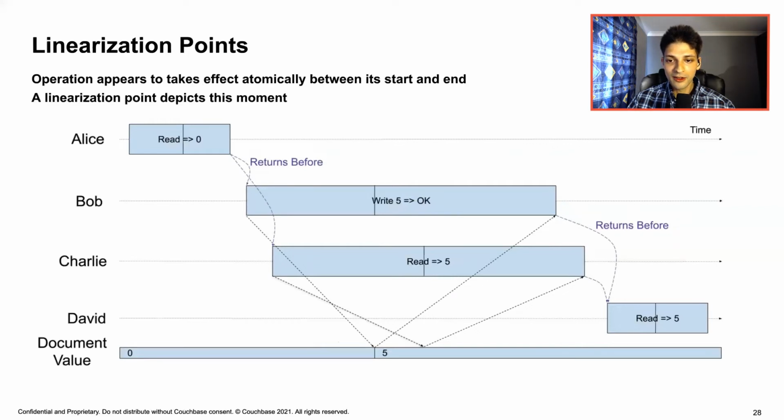However, operations cannot take effect before their start, as messages cannot be sent backwards in time, and they cannot take effect after their end. Operations must take place atomically at some point between their start and end. We can depict this visually using linearization points, a vertical bar present between the start and end of each operation, as an explanation for this particular history to indicate when the operation appears to take effect.